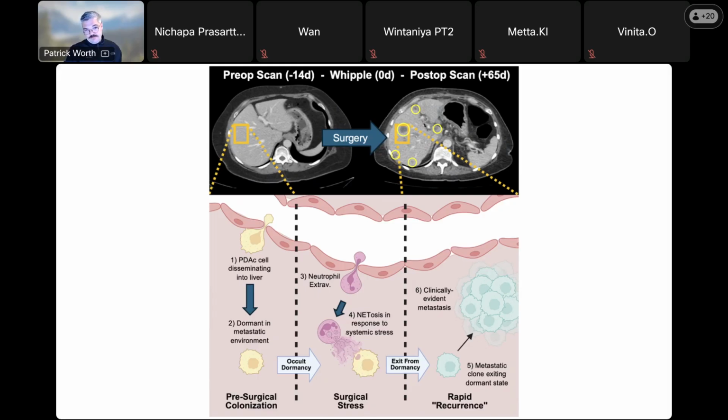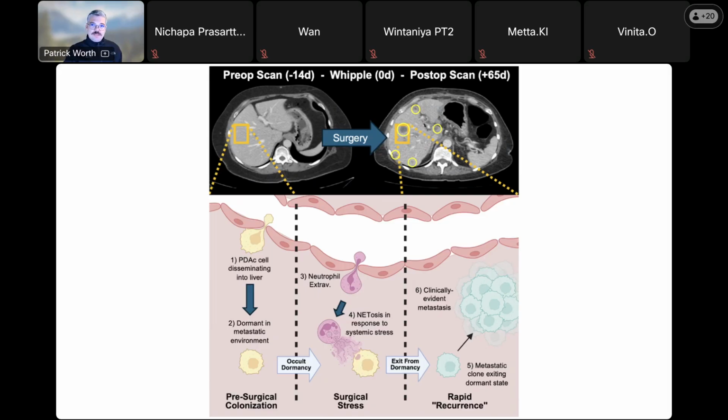Our investigations now are around whether this NET deposition in pancreatic cancer patients' livers is stimulating exit from dormancy in these disseminated cancer cells. We've got a nice model for surgically accelerating metastasis, and a nice model for identifying disseminated single cancer cells in the liver of our model. Now we're working on connecting these mechanistically to investigate this further.